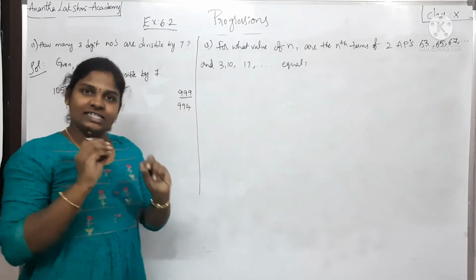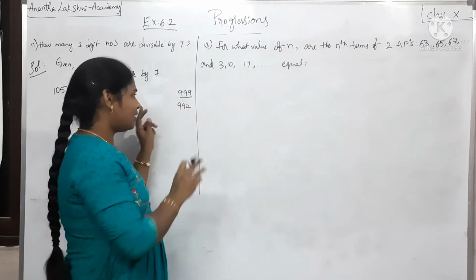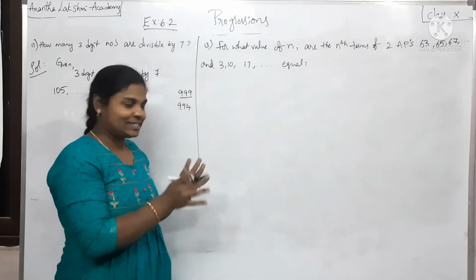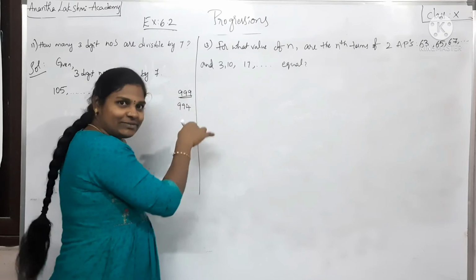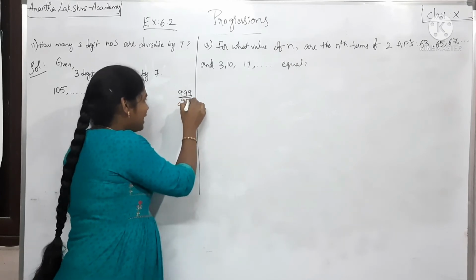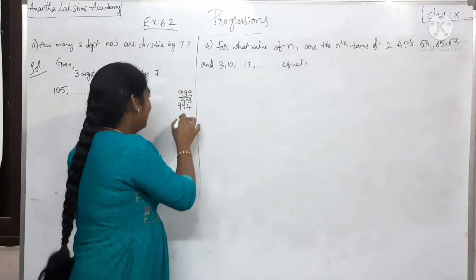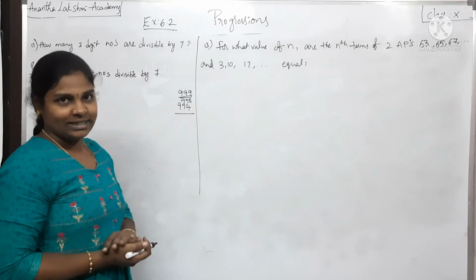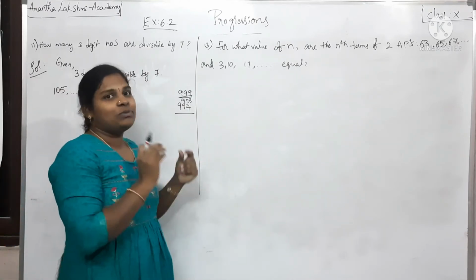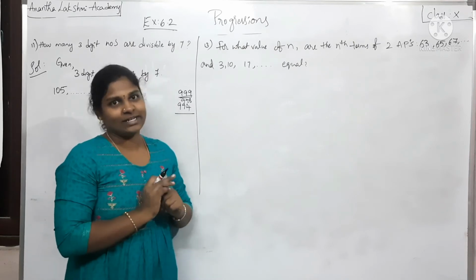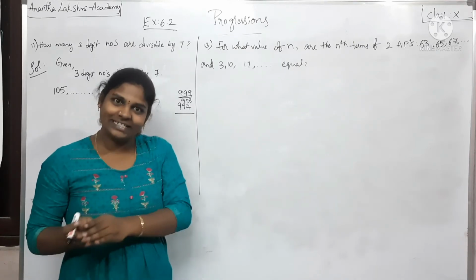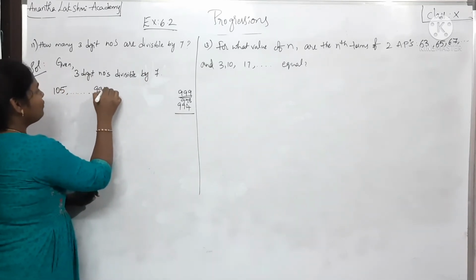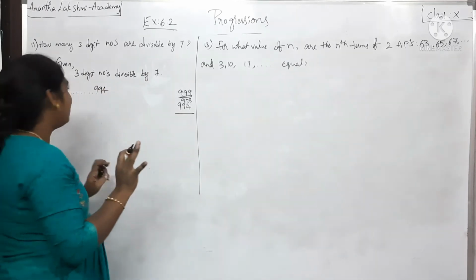I am not just telling you this for this problem's sake. I have solved this in my book, going from 999. Is it divisible by 7? No. 998? No. And finally, I ended up with 994 as the last number divisible by 7. For this particular problem, you have to do this exercise by yourself. Since I have already done this, I am just writing 994. Okay, 994 is the last number.